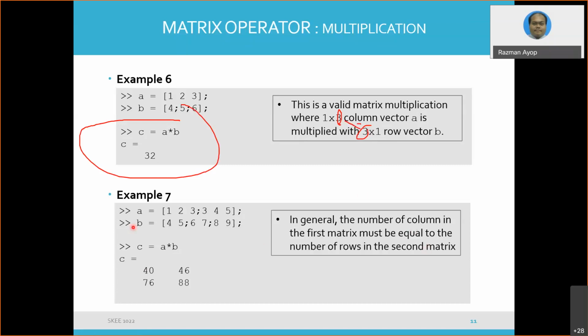So example 6 is just one number, because 1 multiplied by 3 is, let me show this one.